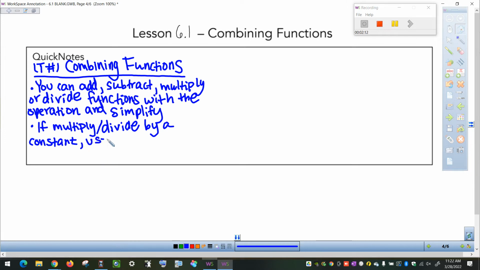We're always going to make sure that we use parentheses around our function. So if we have some big function and we wanted to multiply the whole thing by 2, put the function in the parentheses, and that 2 is going to distribute to all of the parts inside the parentheses. That's what that helps us to see, is using that distributive property.